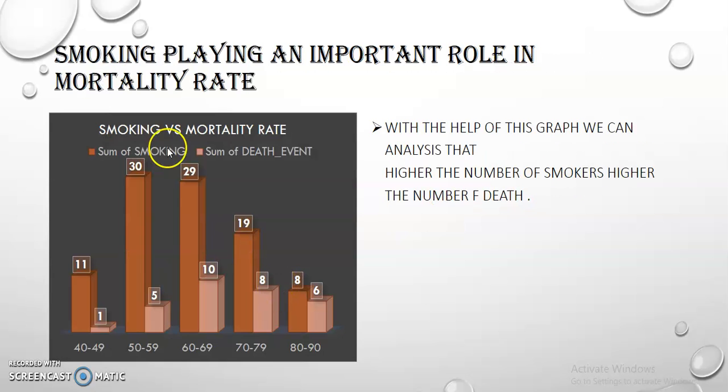Smoking plays an important role. We can clearly see that in age criteria between 40 to 49, 11 people are smoking, and in that 11, one is already dead. Likewise, in age criteria between 80 to 98, 8 people have smoking habit, and in that 8, 6 are already dead.